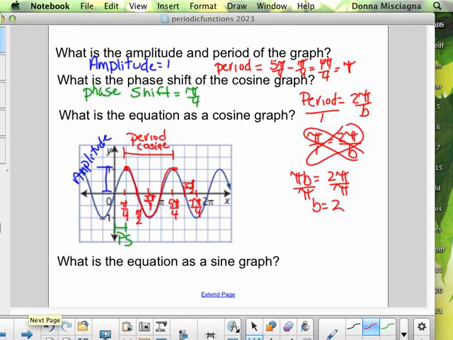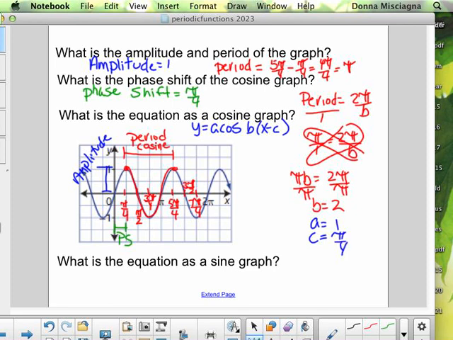So we're going to write the equation for the graph now. I guess I'll put it here. Y equals a cosine b x minus c, where b is 2, a is up above, it's 1, and the phase shift, the c, is pi fourths.